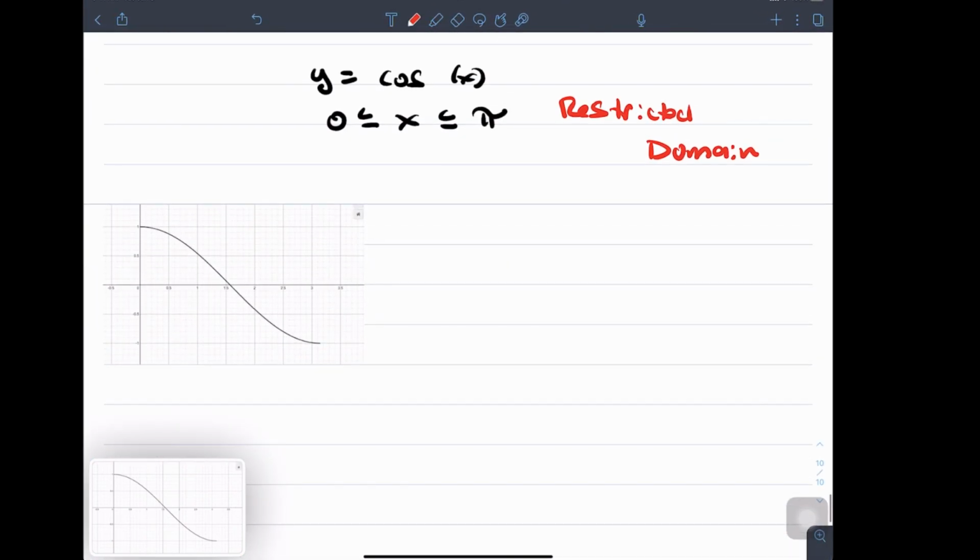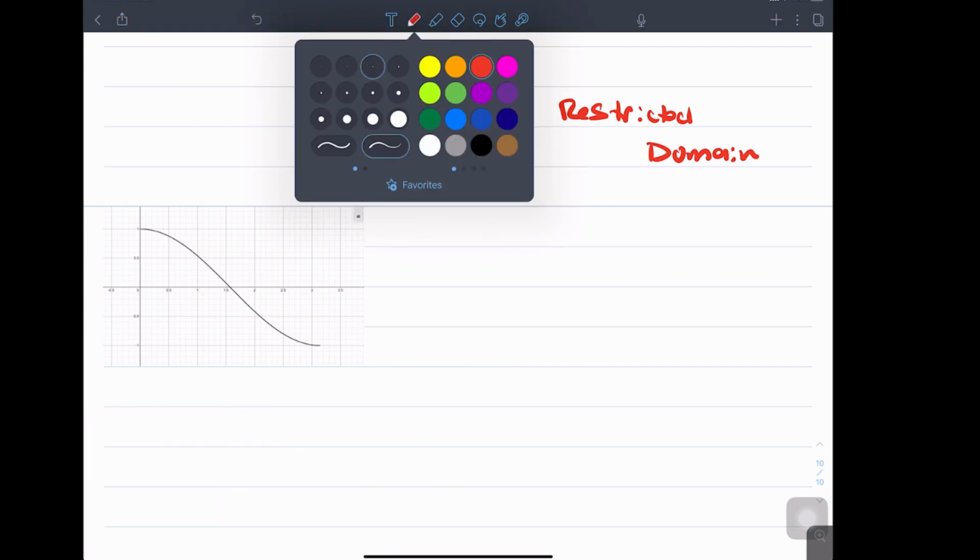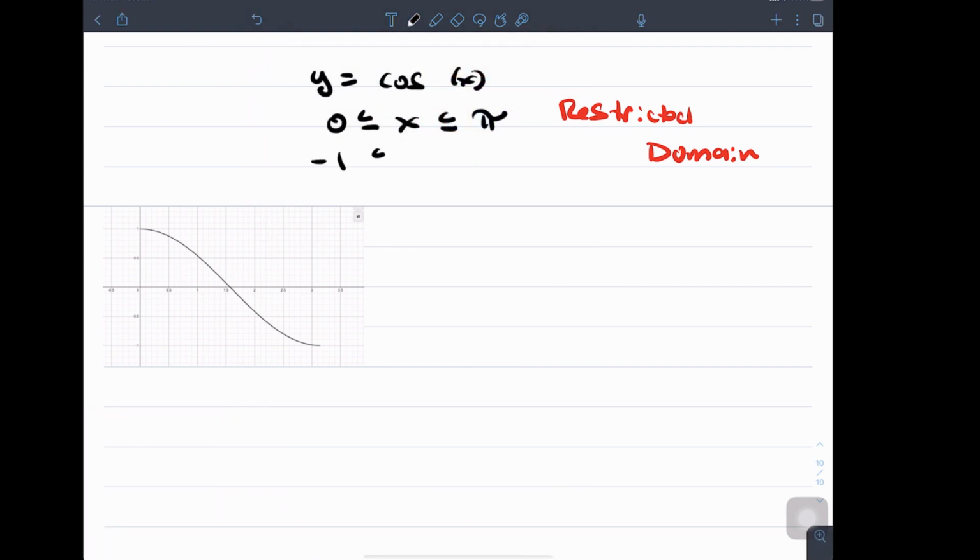Okay. Your range still is going to be between -1 and +1.